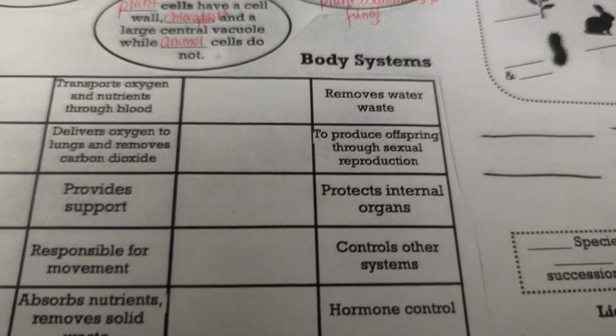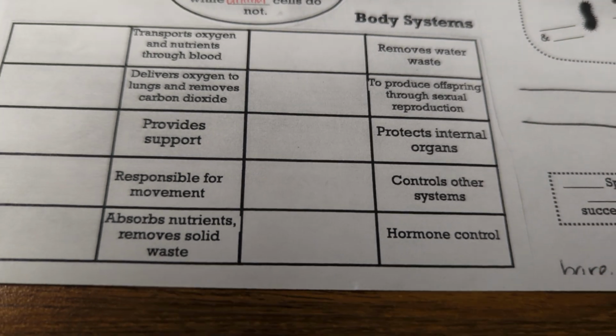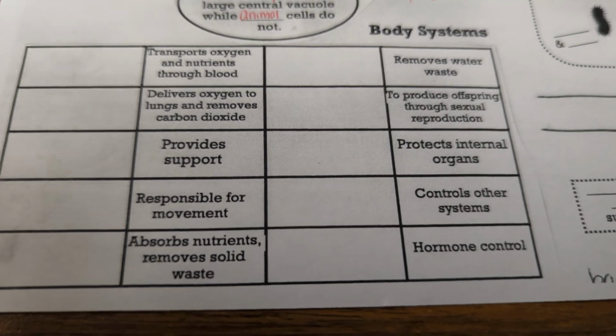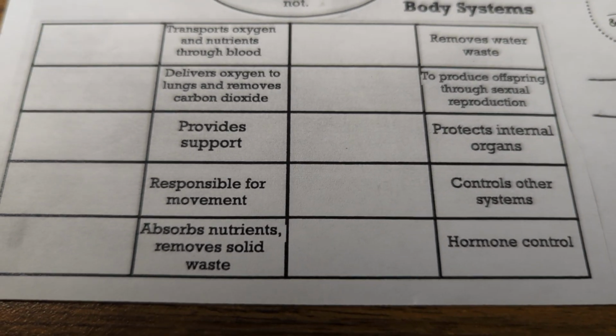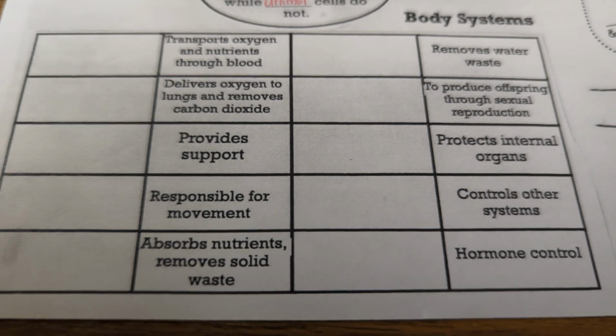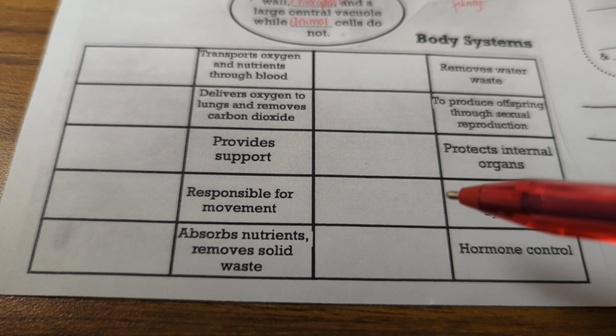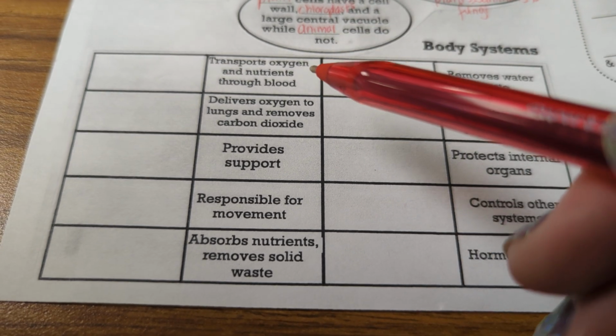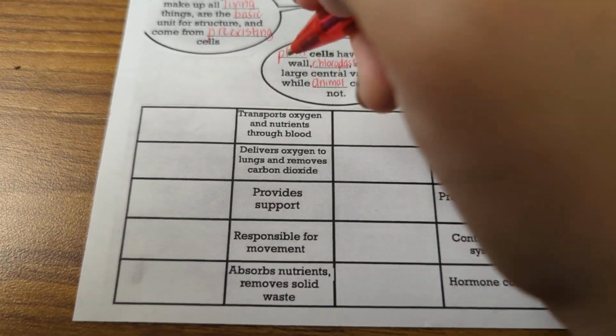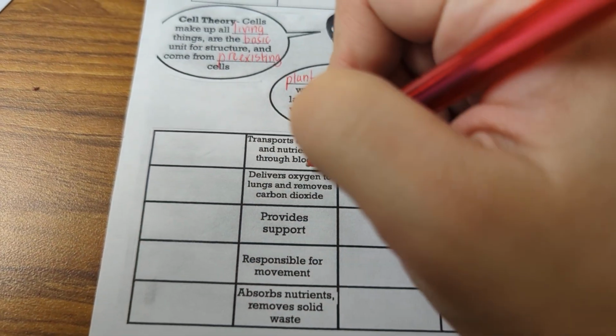So here we have body systems. You should be familiar with most of these, but there's a couple key ones. So, transports oxygen and nutrients through the blood. So, blood, that's going to be circulatory.